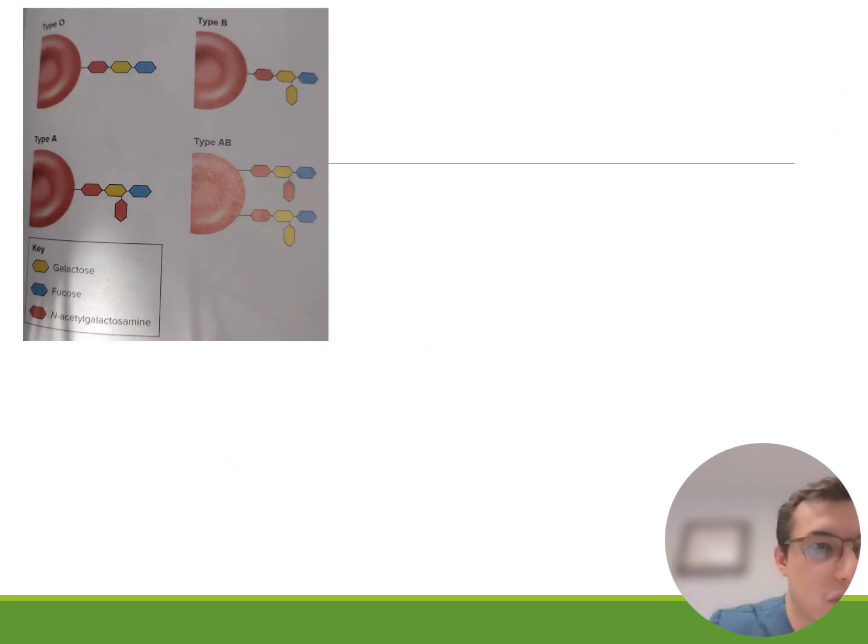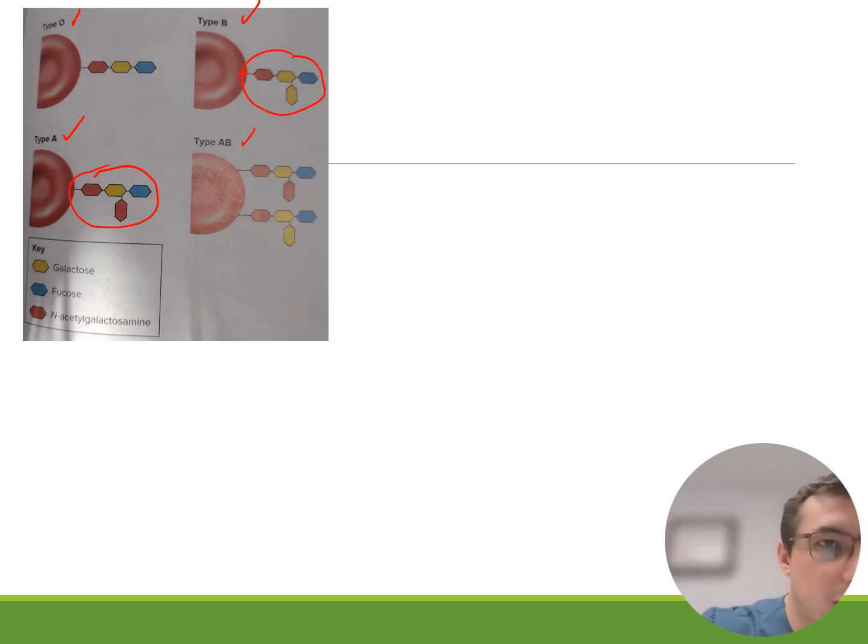This is a picture to just show you a little bit of what we were talking about. So there are the different blood types right here: type O, type B, A, and AB. So the surface antigen for type A looks like this. The surface antigen for type B is right here.